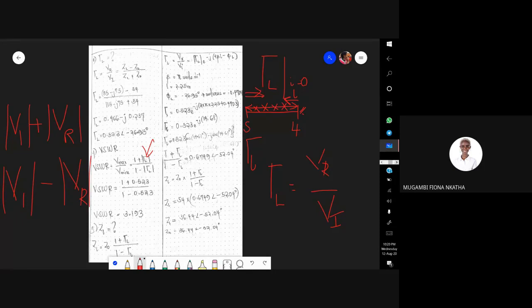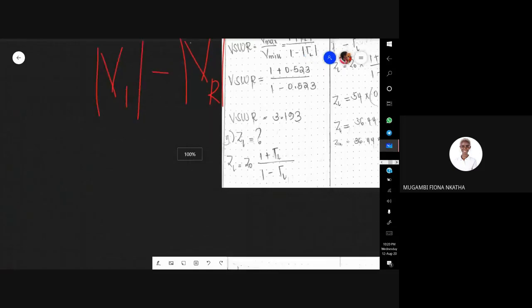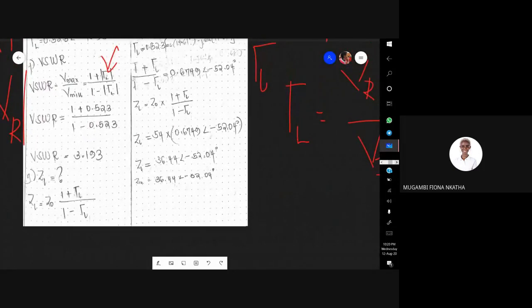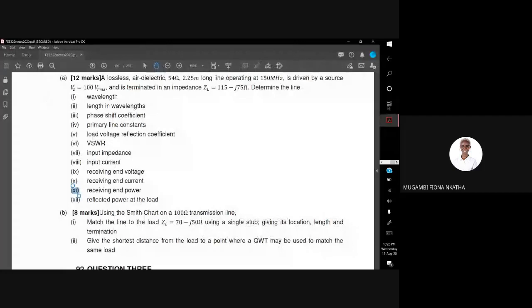Now remember, I told you about the small l. Question G was asking us about input impedance.